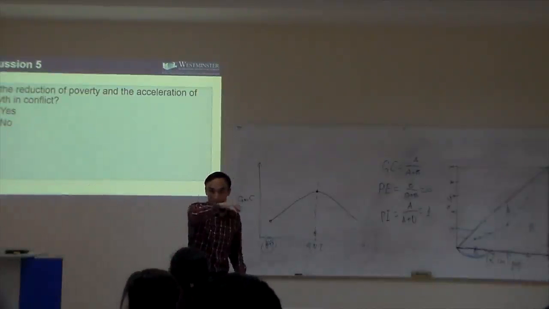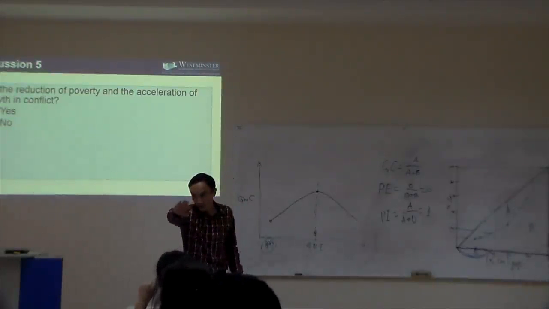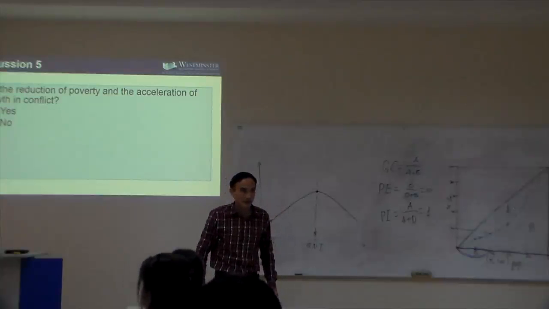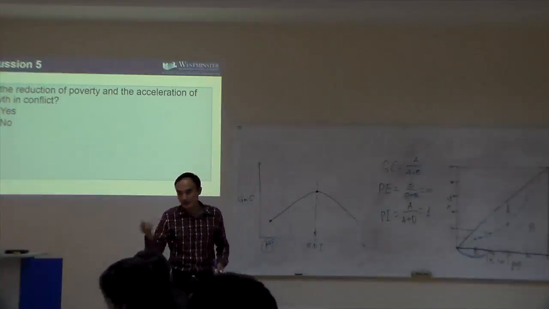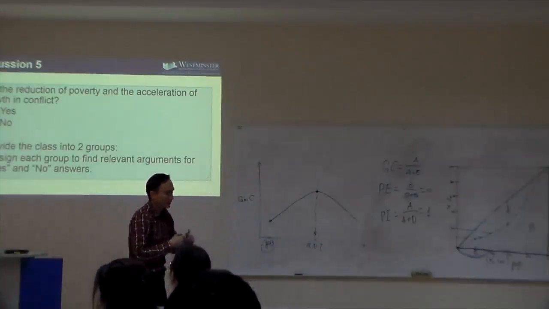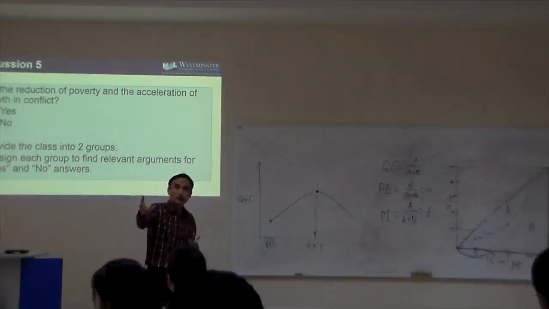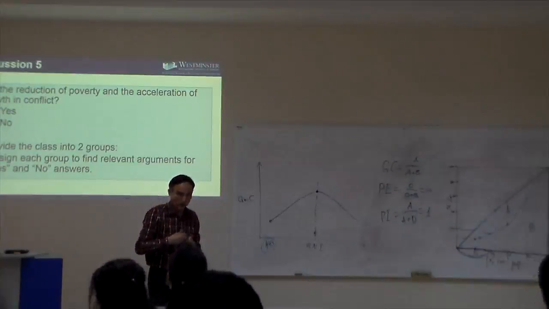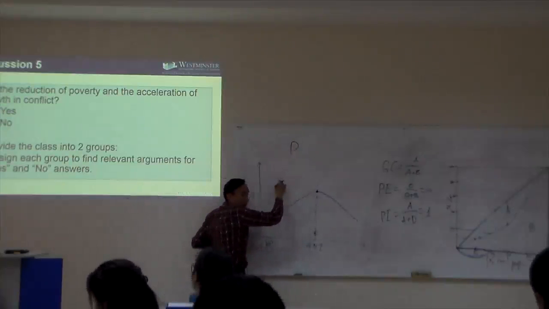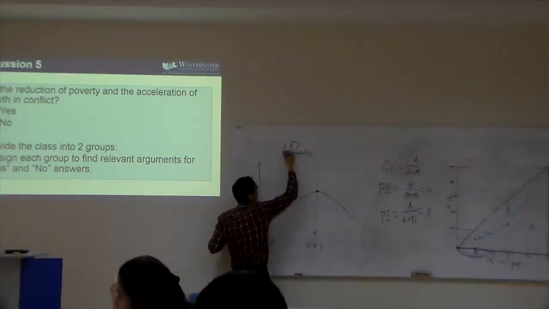Now I will divide you into two groups, okay? Group A, Group B. Now we have to do some discussion. What is that discussion topic? Group A, you should give me some arguments. Let's say a country decides to reduce poverty.